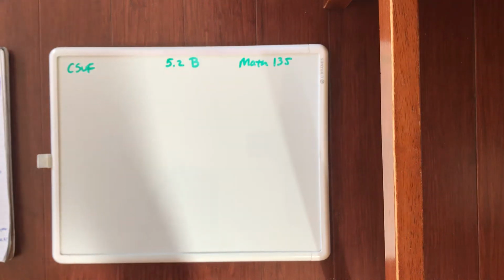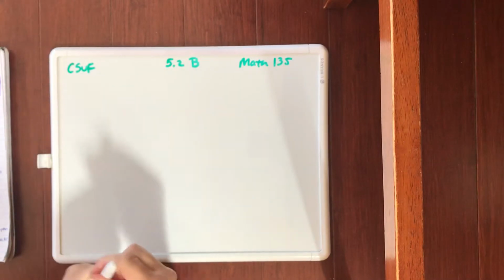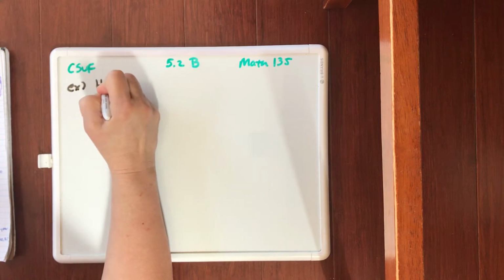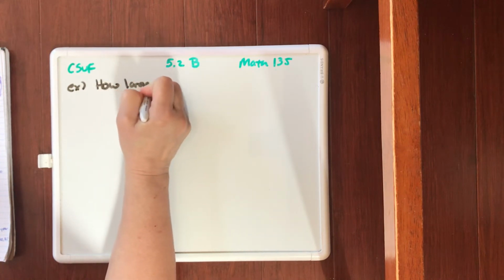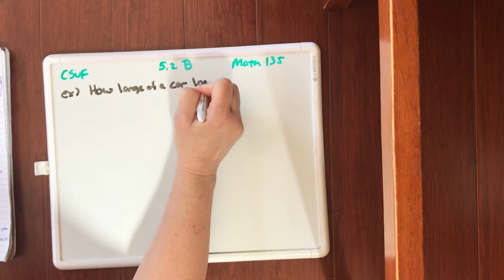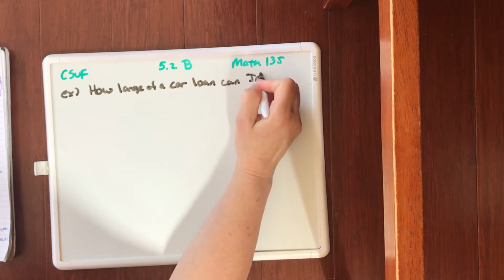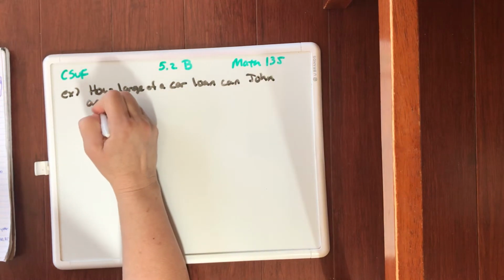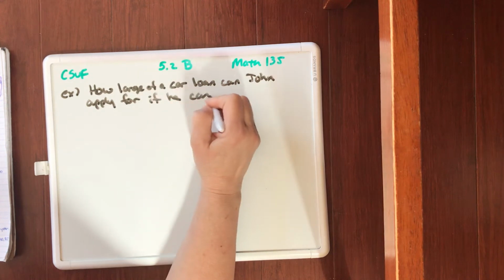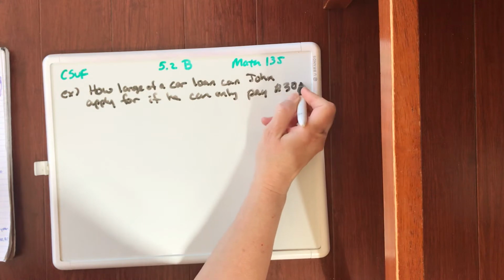Hi, we're back, 5.2b. We're using the APV formula. So here's an example. How large of a car loan can John apply for if he can only pay $300 a month?